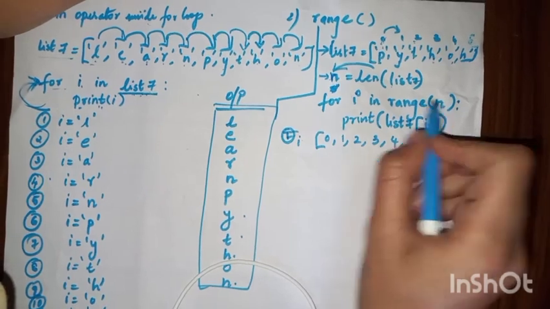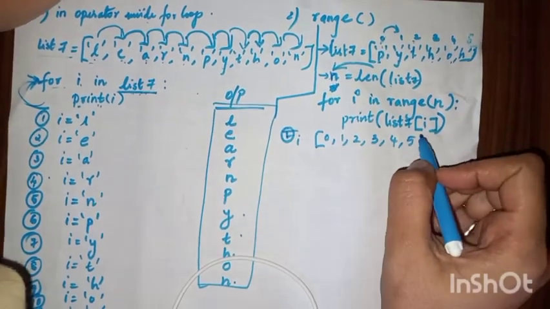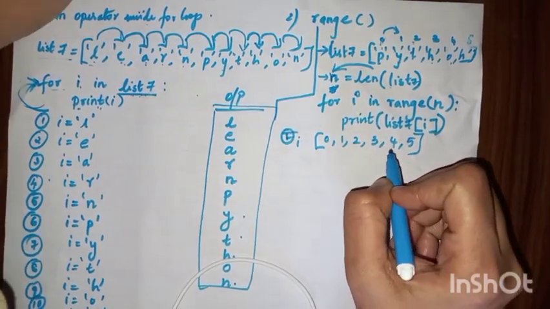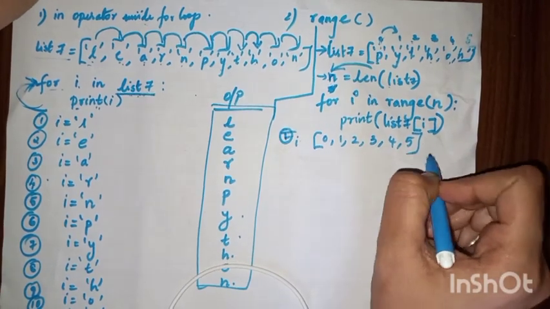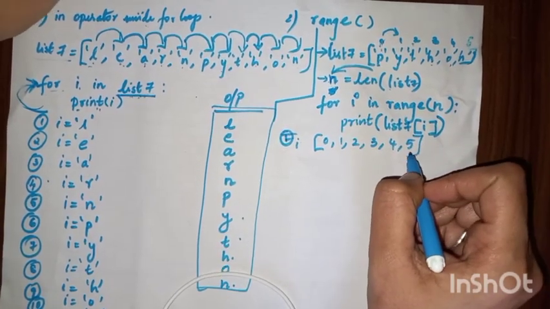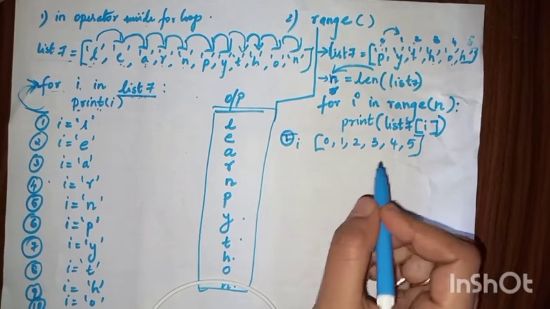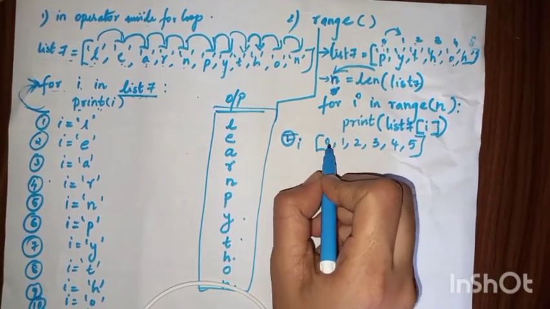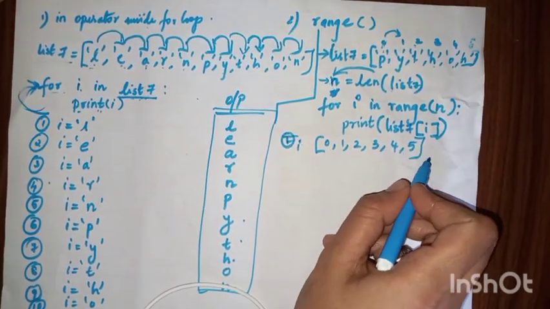That is, n is 6, and the range function will take values from 0 to n minus 1, that is 0 to 6 minus 1, that is 0 to 5. So i can have values 0, 1, 2, 3, 4, 5.